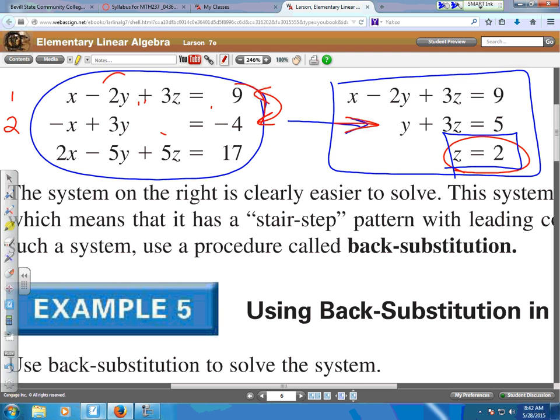Okay, we know z, so if we replace that z with a 2, then we could solve and find y. What would that make y? Negative 1. Now that we know z and y, we can plug those values in and we can find x.